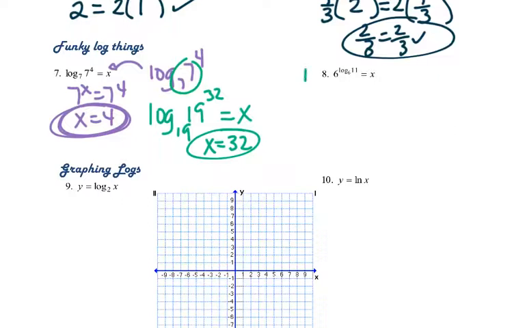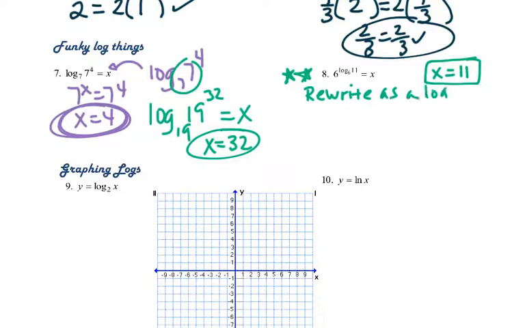This one gets people. I'm going to tell you off the bat that the answer is 11. I call this problem odd man out. So whatever the odd, like you have a 6 and an 11, the answer is the odd man out, the 11. But here we can solve this by rewriting as a log. So think of this, instead of being 6 to the log base 6 of 11, let's think of it, for example, as 6 squared equals x.